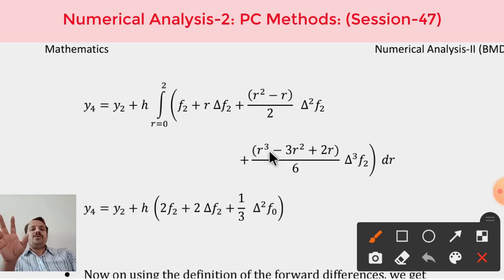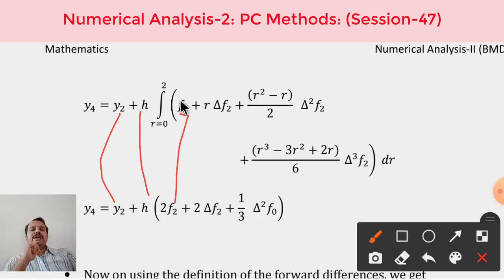So what I will do, I will keep this y2 as it is, I will keep this h as it is, and now I will evaluate the integral. So f2 is a constant as it is. I will integrate 1 with respect to r, that is r. I will substitute the lower limit and upper limit, and I will keep this delta f2 as it is. I will integrate this r with respect to r between the limits 0 and 2, and I will evaluate. I get the answer 2.